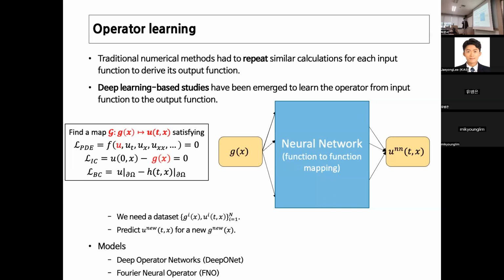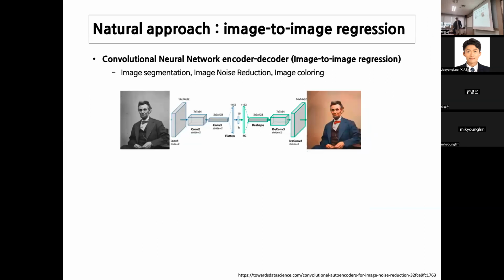There are two famous models called the deep operator network and the Fourier neural operator, and other neural operators. But today I'll just explain the deep operator network. Before that, we can think about a natural approach to learn this operator.